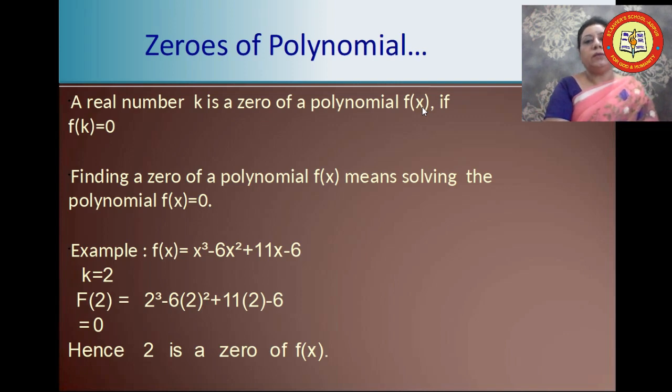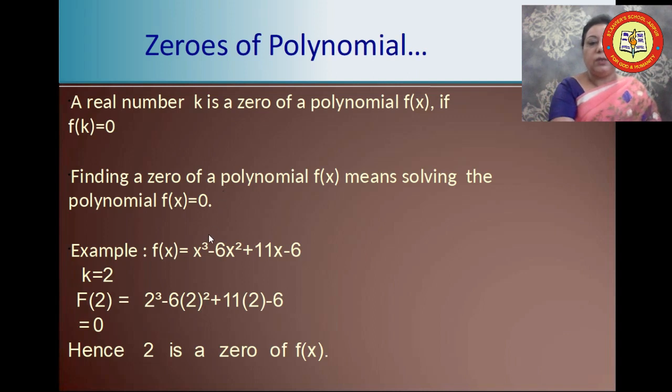How to find the zero of the polynomial? For example, I have taken f(x) equals x cube minus 6x square plus 11x minus 6. Substituting the value of x equals 2, so k is equal to 2 here. f(2) is equal to 2 cube minus 6 times 2 squared plus 11 into 2 minus 6.